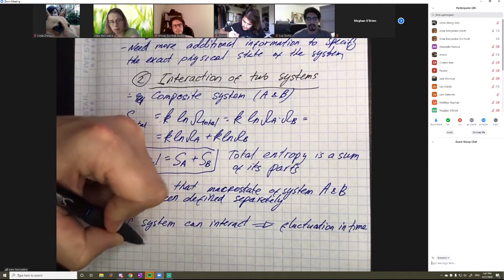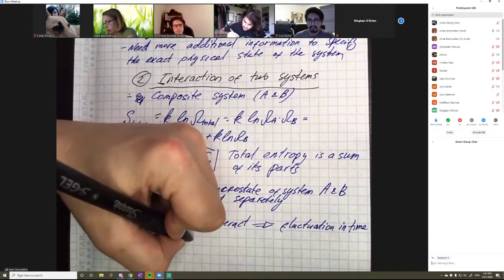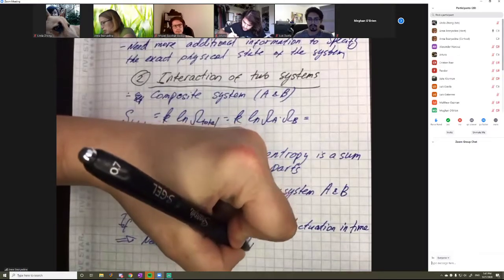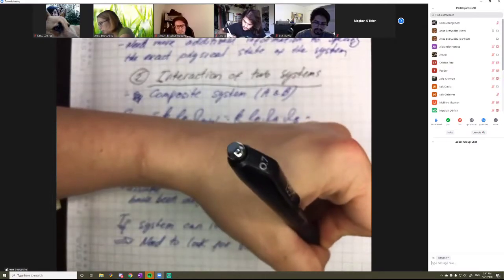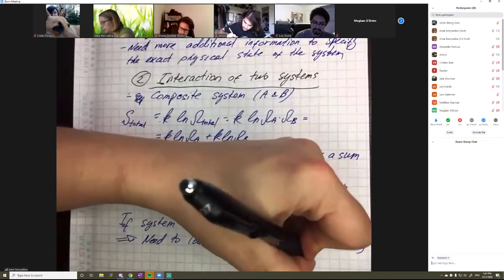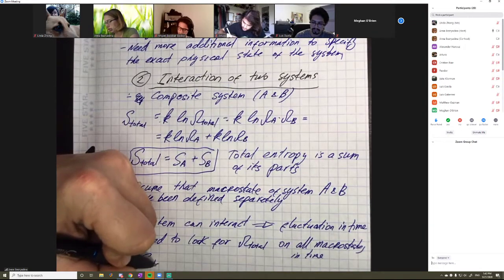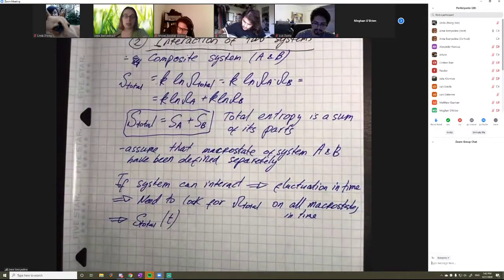And our total entropy will change in time, which makes sense. So if our system interacts, our multiplicity will be changing slightly in time, and our entropy will be changing in time.